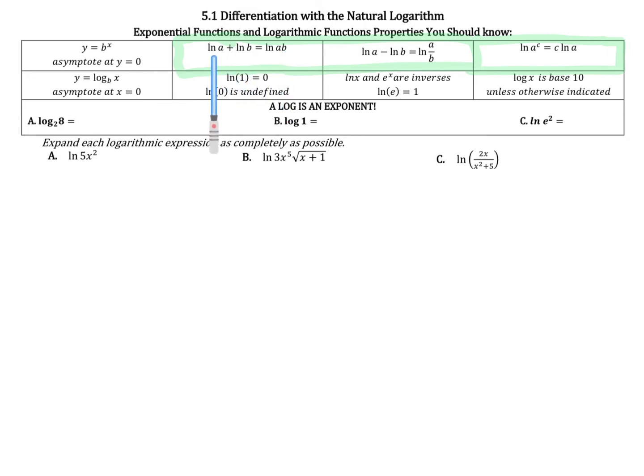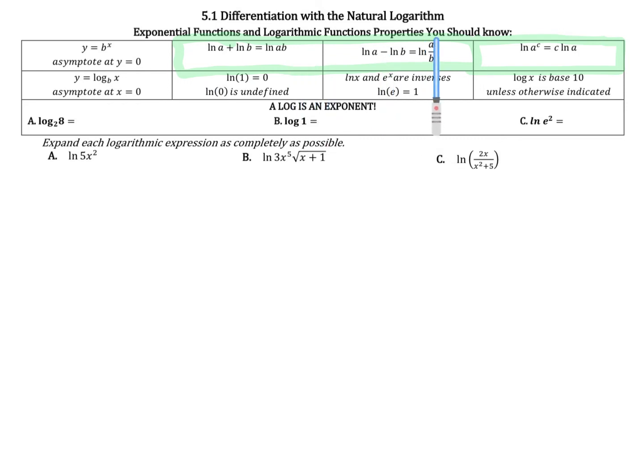So if I had natural log of 2 plus natural log of 6, I could really say that that's natural log of 12. I could put them together and multiply. Or if I had natural log of 2 times x, I could split that to natural log of 2 plus natural log of x. So you can go back and forth in this way.